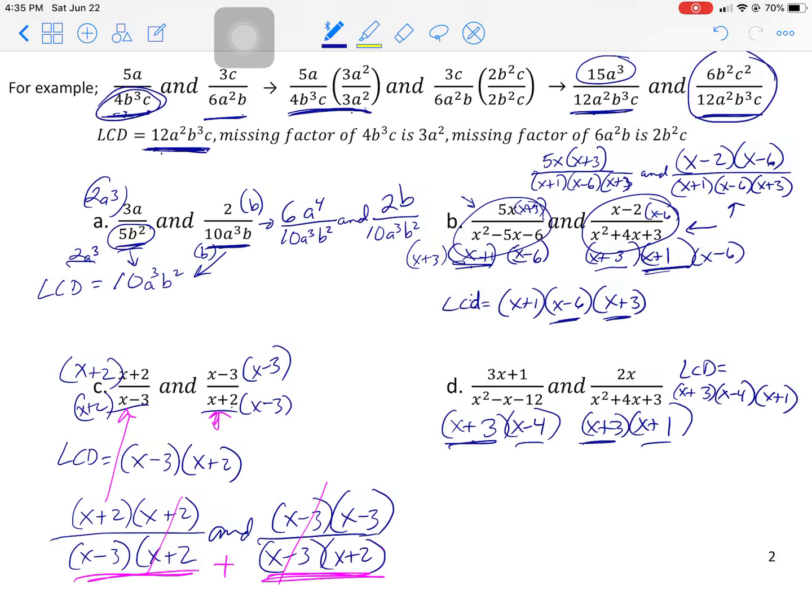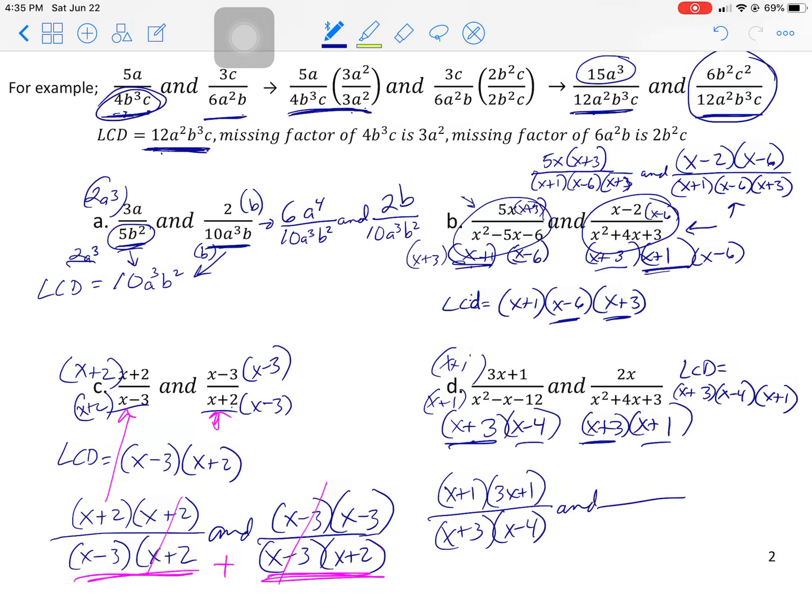All right, the first rational expression is missing the x plus 1. So this is going to be x plus 1, x plus 1.